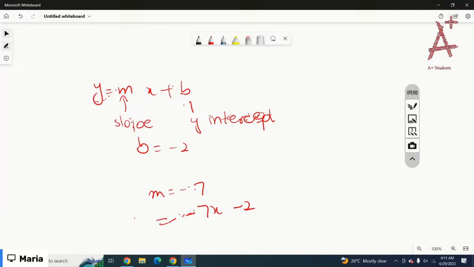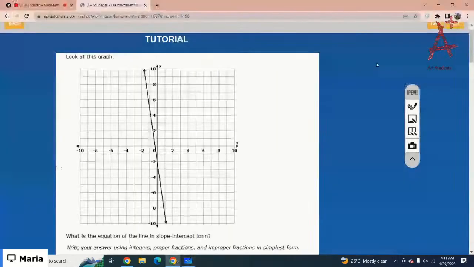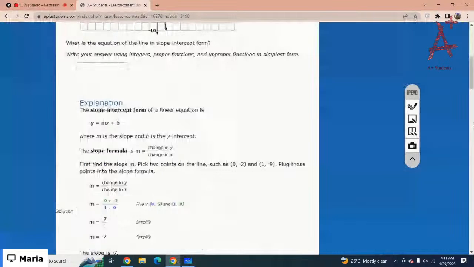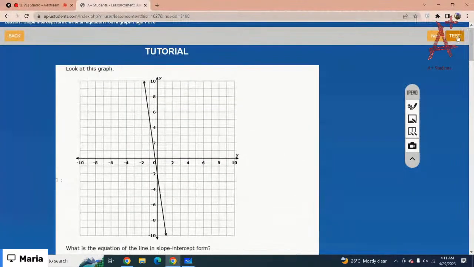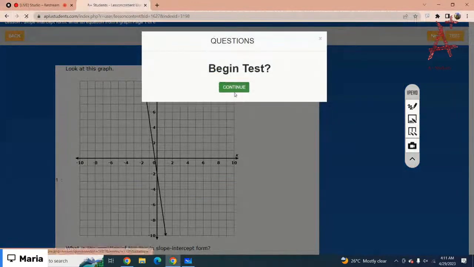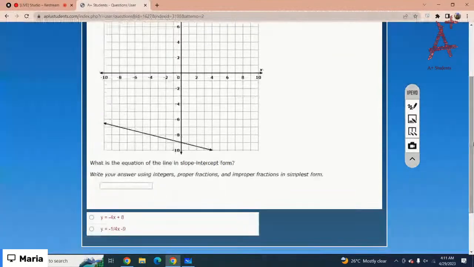Okay, let's start with the practice questions. Okay, so here is the graph. The graph is touching the y-axis at negative 9.